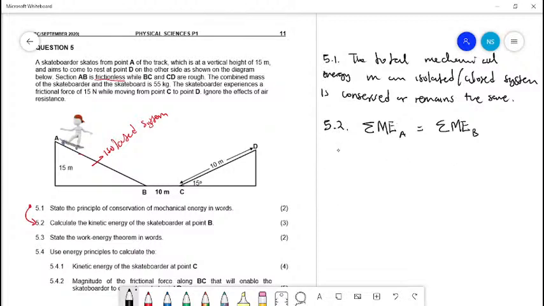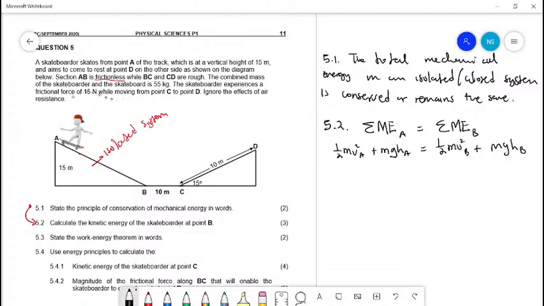So we say half mv squared at A plus mgh at A equals half mv squared at B plus mgh at B. Now we're going to substitute.